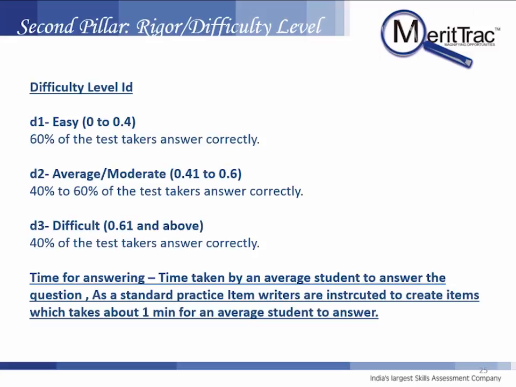If you think 40 to 60% people would be in a position to answer it right, then you should mark it as average or moderate. And if you think less than 40% people are in a position to answer it correctly, then we should mark it as difficult. So these are the 3 layers of difficulty which we must indicate for each and every item.